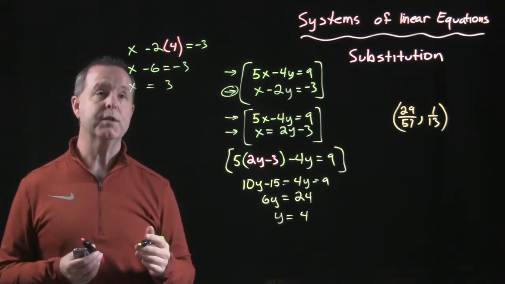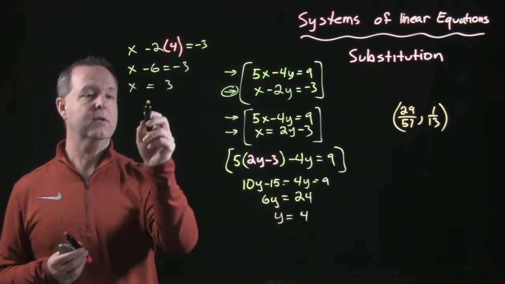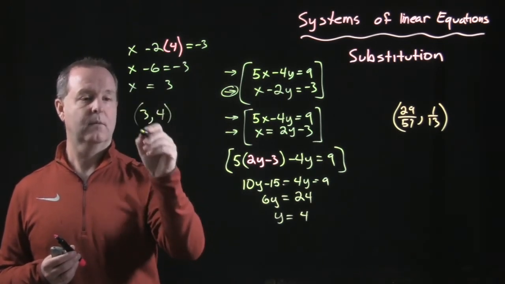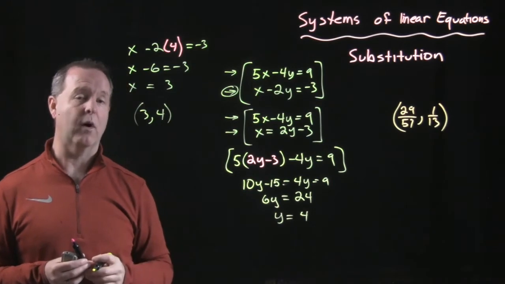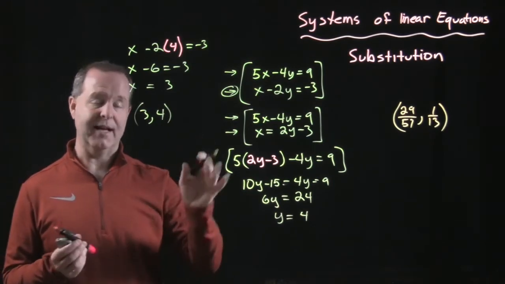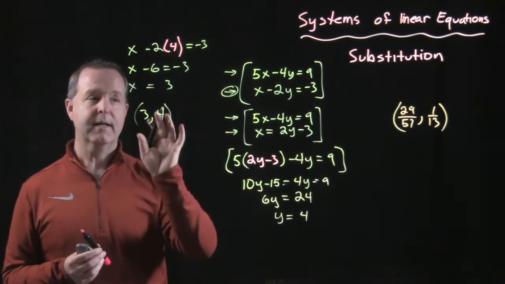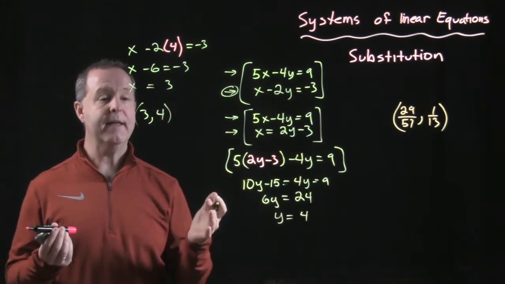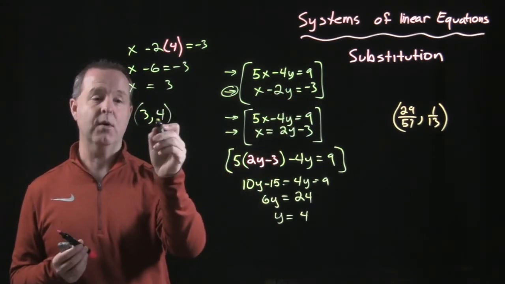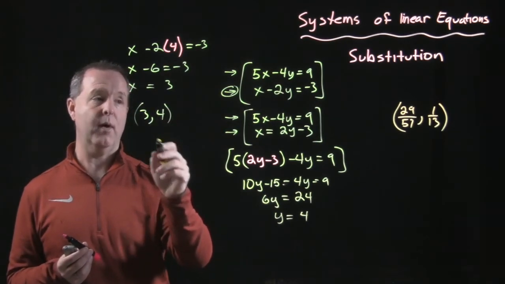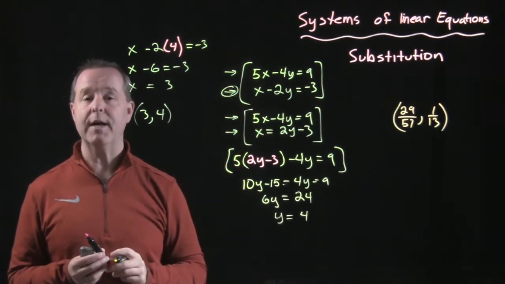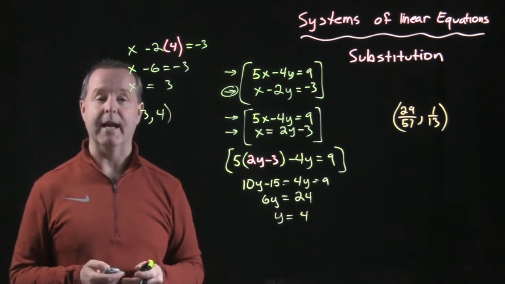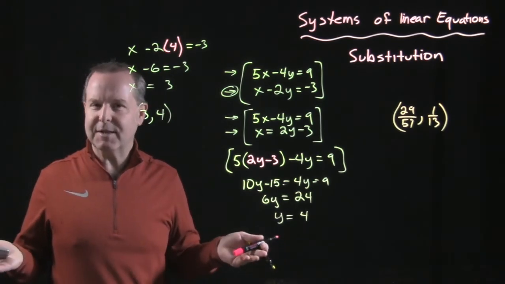So my solution to the system is 3, 4, or the coordinate point 3 and 4. If I were to graph it, that's where the 2 lines would cross. Using the substitution method, I found the solution as well. And then if I wanted to check, because I know these points should be the correct points, I could check it in the other equation to confirm that I found the right solution and did not make an error or a mistake. All right, what do you guys think about substitution?